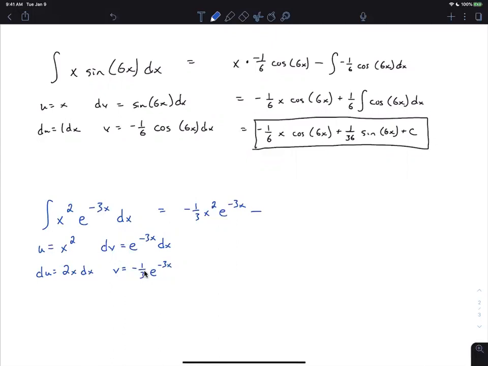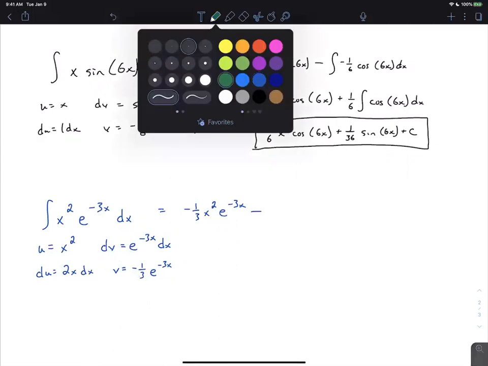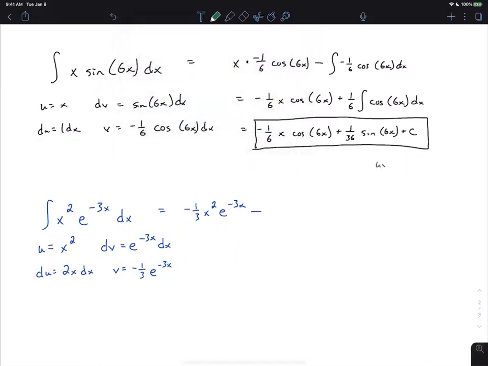And now, if I do v times du, which is what we get in that integral, let me write that formula down again real fast. It's uv minus the integral of v du. So if I do v times du, what's the coefficient when I multiply those together? After I multiply this times this, what's the coefficient going to be? What do you guys think?